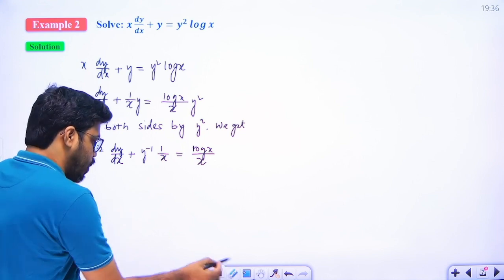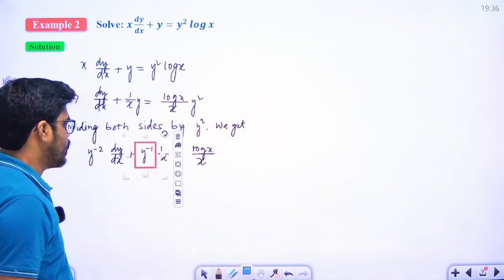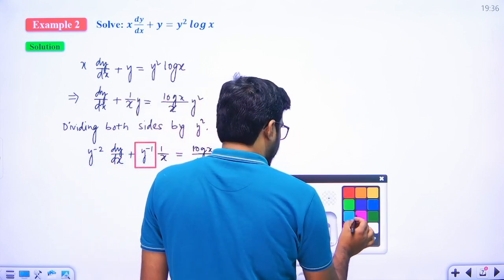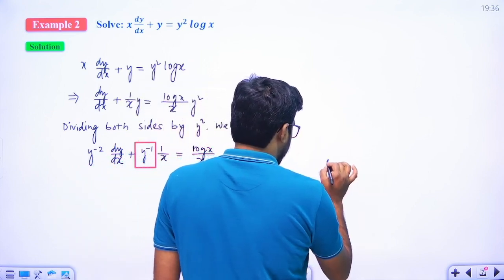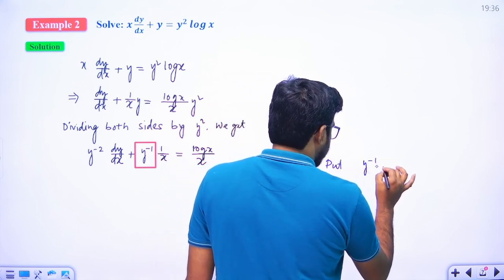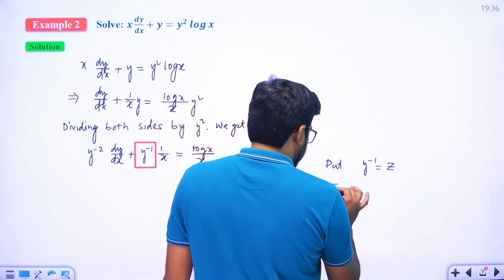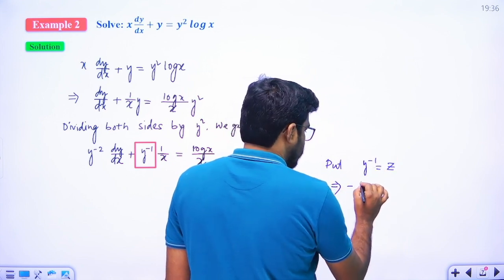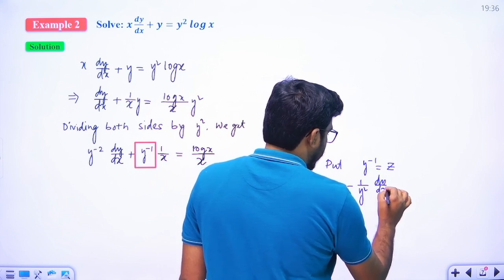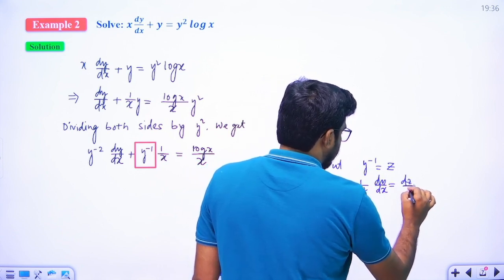Now what did I say? We consider the function of y as z. Now we put z is equal to y to the power minus 1. This is 1 by y, so minus 1 by y square dy dx equals dz dx.